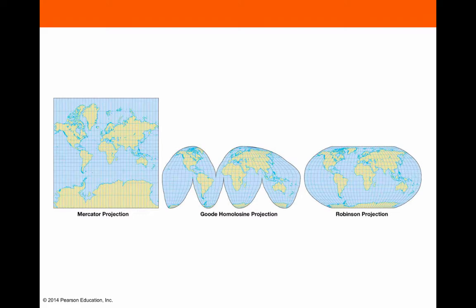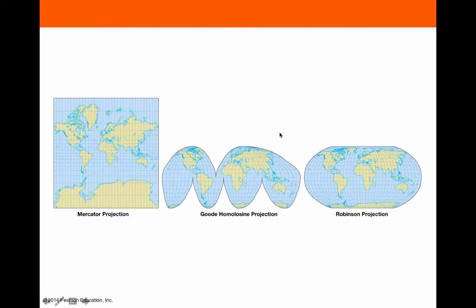Also, they do not form right angles with the parallels, which are the horizontal lines. The Robinson projection, which is this one right here, is useful for displaying information across the oceans. Its major disadvantage is that by allocating space to the oceans, the land areas are much smaller than on interrupted maps of the same size.